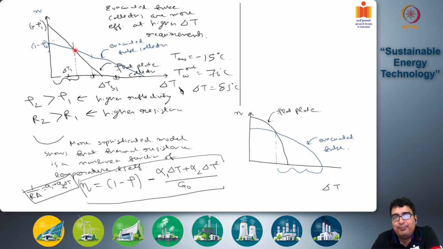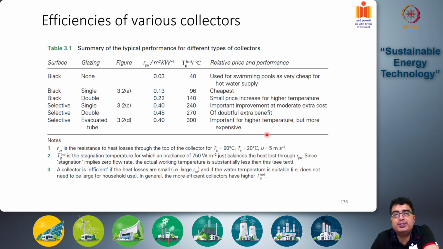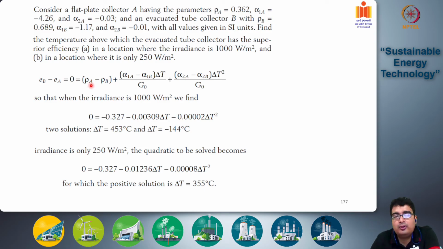So this becomes 0 is equal to rho A minus rho B, the difference in the reflectivities, plus alpha 1A minus alpha 1B times delta T by G0, plus alpha 2A minus alpha 2B times delta T square by G0. Now we put G0 as 1000 and put these values of alpha 1 and alpha 2, and we get delta T as 453 degrees centigrade.